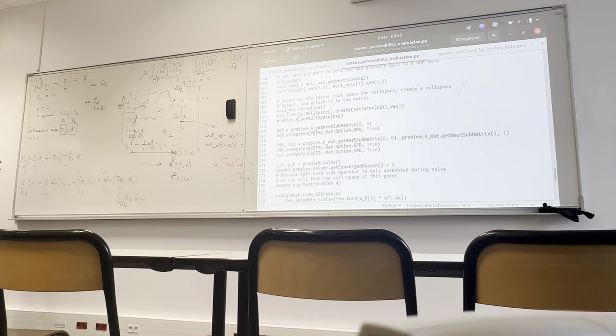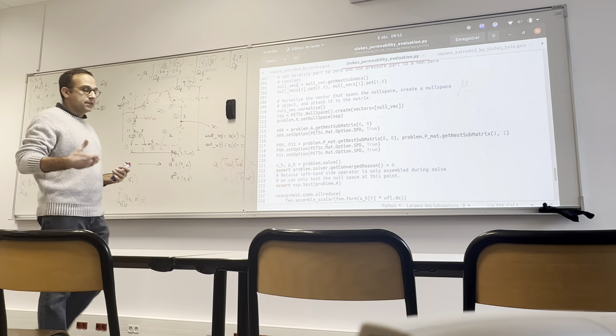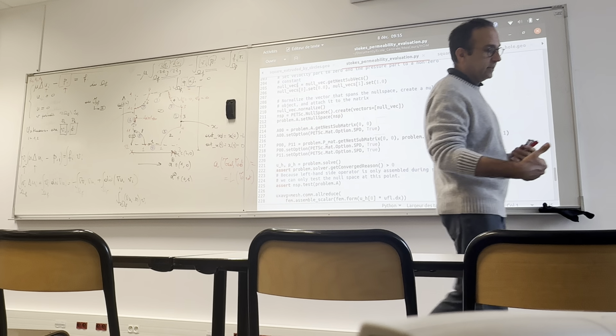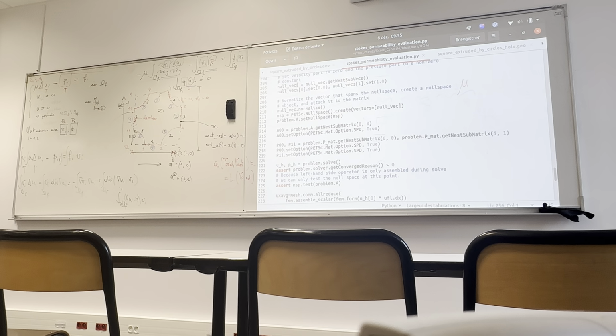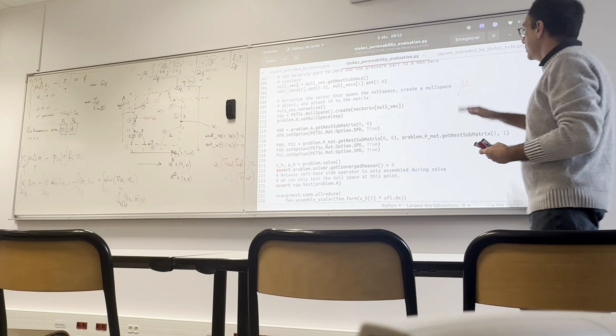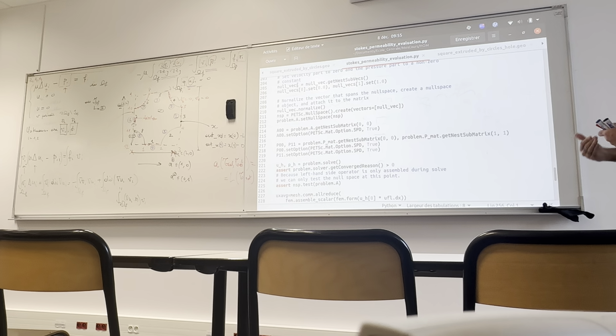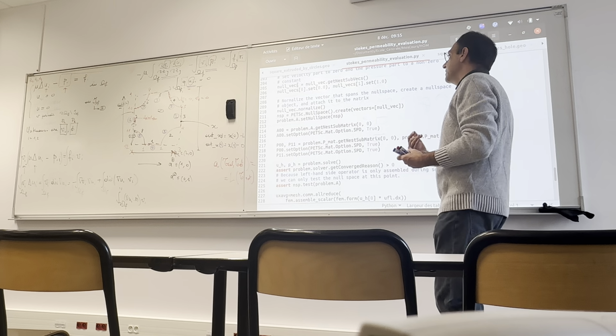So in fact there is a null space, a kernel in the space of solutions for pressure, which corresponds to constant functions that should be subtracted, and so this is done here.